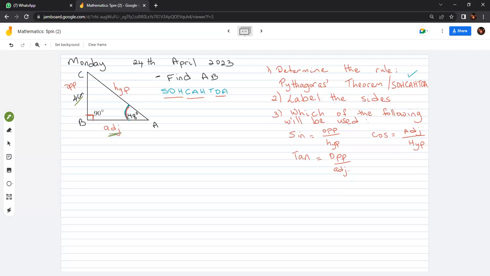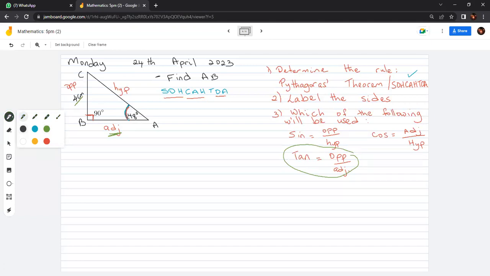So they gave us this and asked us to find this. So the two sides being considered in this question would be the opposite and the adjacent. So the two sides involved will help us to determine which of the three ratios we're going to use. And in this case, it's going to be tan.